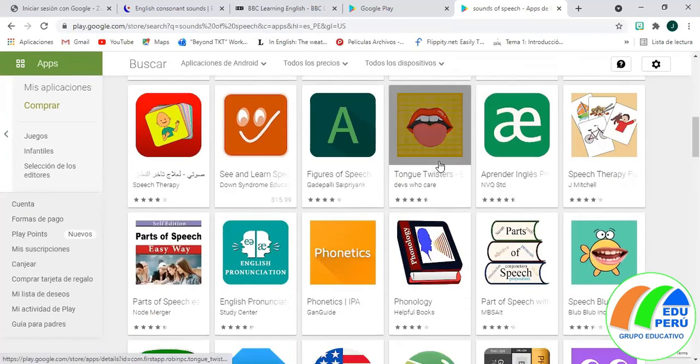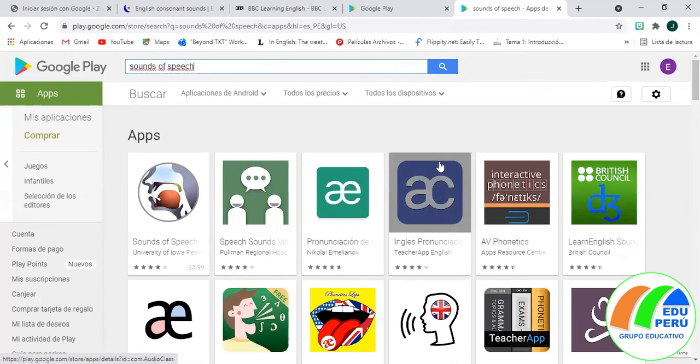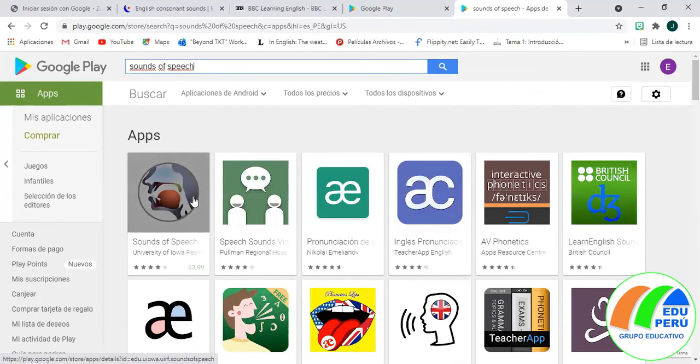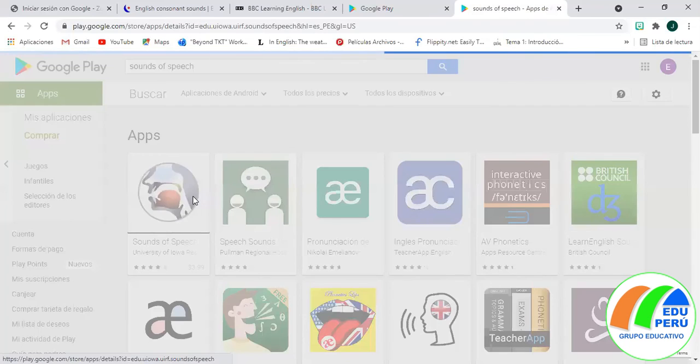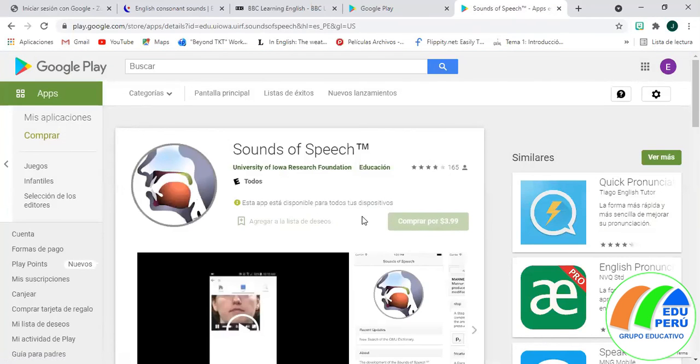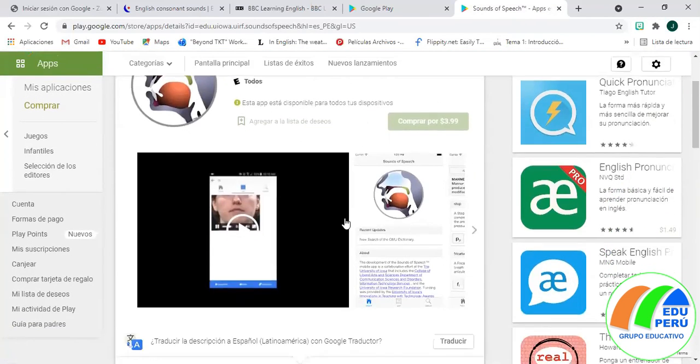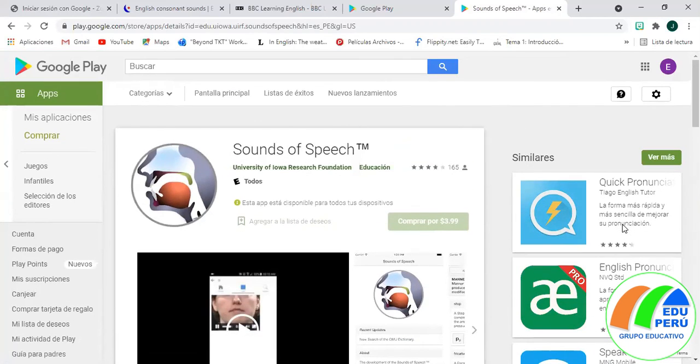For example, this is one of the apps that I've asked you to use, but you need to pay. It has a web page where you can see videos, and also you can listen to some words. I don't know what happened with the other app I wanted to show you.